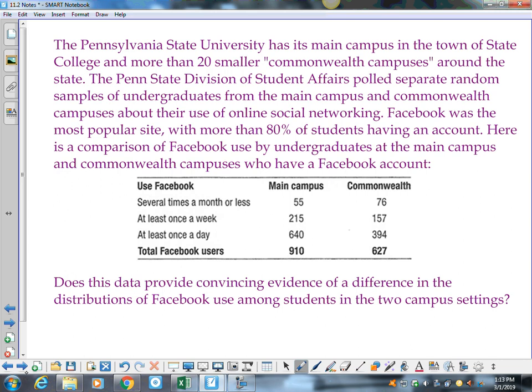Now, what's the deal with the main campus versus the Commonwealth campuses? Those are your 2 populations. That's not a variable. Those are your 2 populations. So I have a 2-way table because I have population number 1 and population number 2, and this is my variable.